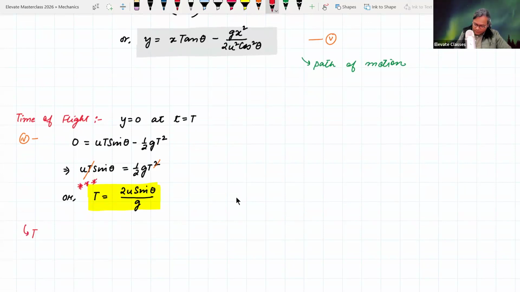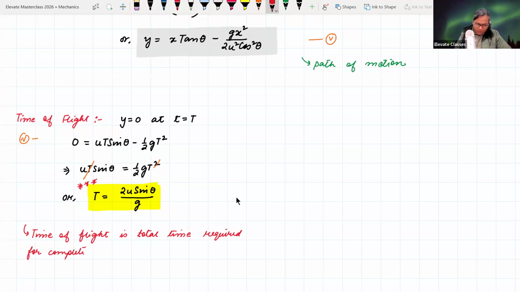So this is the time of flight, the total time required for complete projectile motion in horizontal direction.